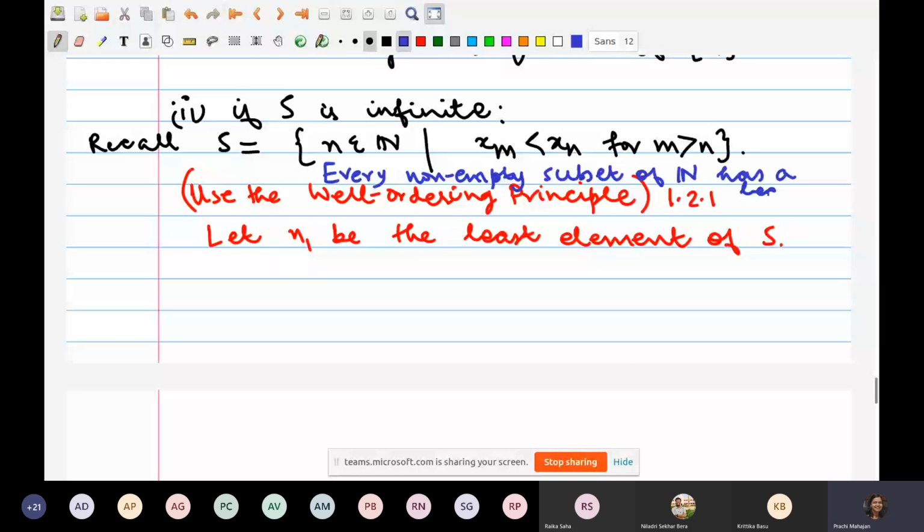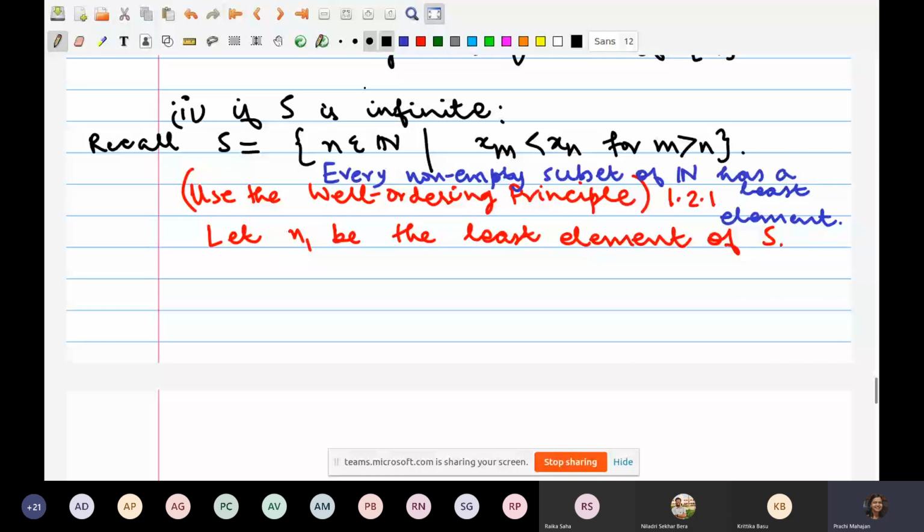If this non-empty subset is finite, there's not much to be done. This property is non-trivial only for an infinite subset of natural numbers. Anyway, the upshot of this is that little n_1 exists.